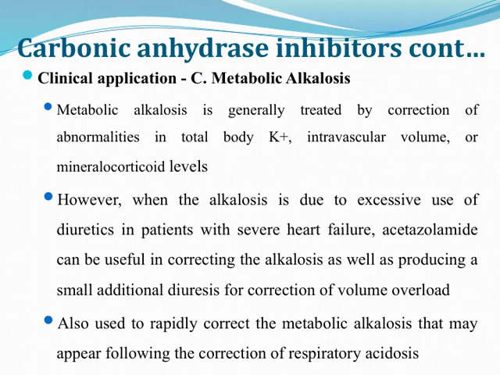Additionally, acetazolamide can be used to rapidly correct metabolic alkalosis that sometimes occurs after treating respiratory acidosis. So, in summary, while managing alkalosis often involves addressing volume and electrolyte imbalances, acetazolamide provides a targeted approach when diuretics or post-respiratory correction scenarios are involved.